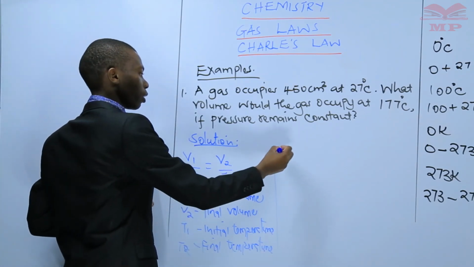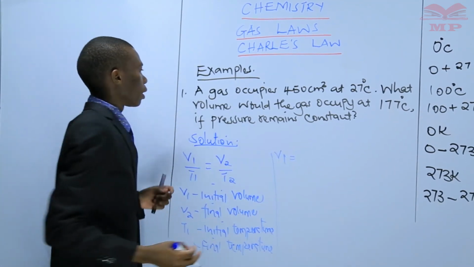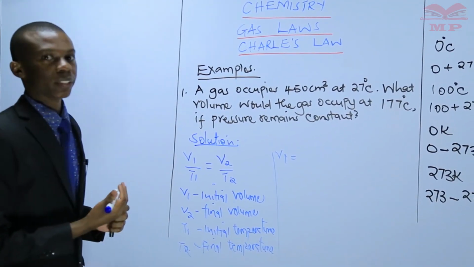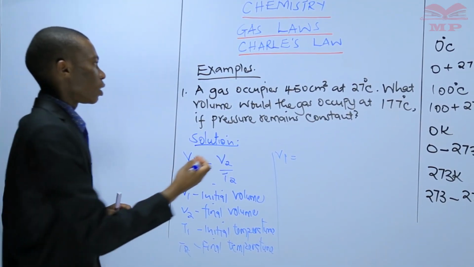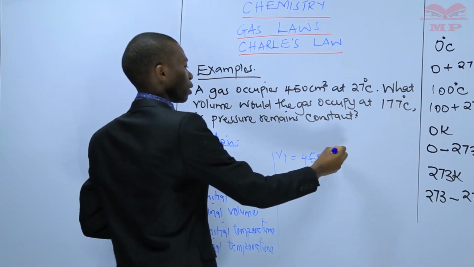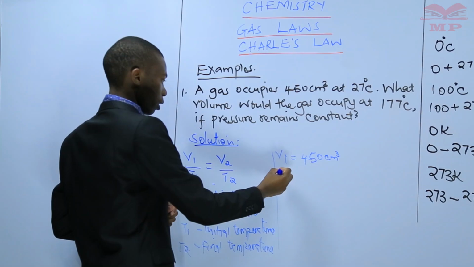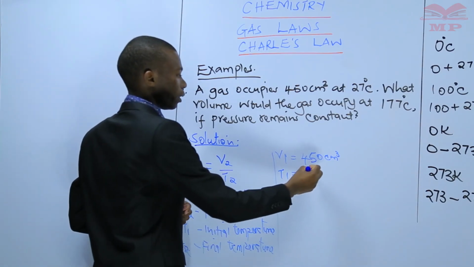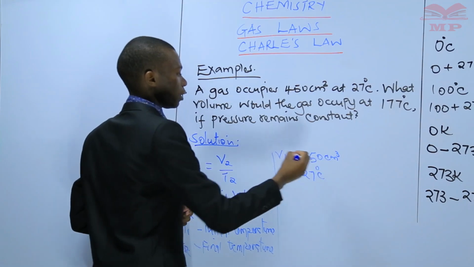In this calculation, a gas occupies 450 centimeters cubed at 27 degrees Celsius. So V1 will be 450 centimeters cubed. Then T1 is 27 degrees Celsius.